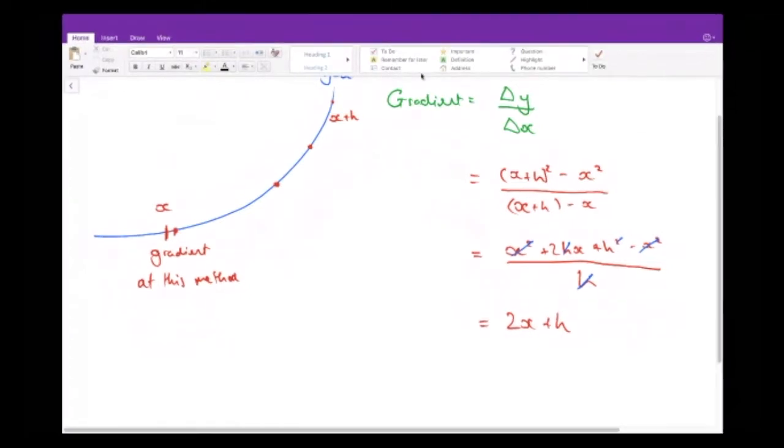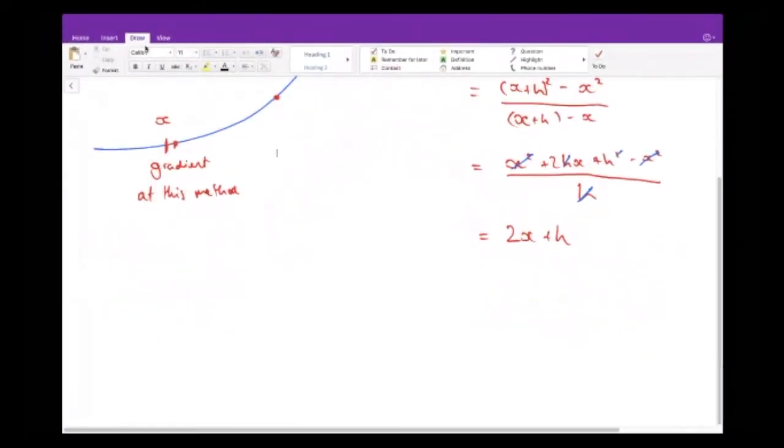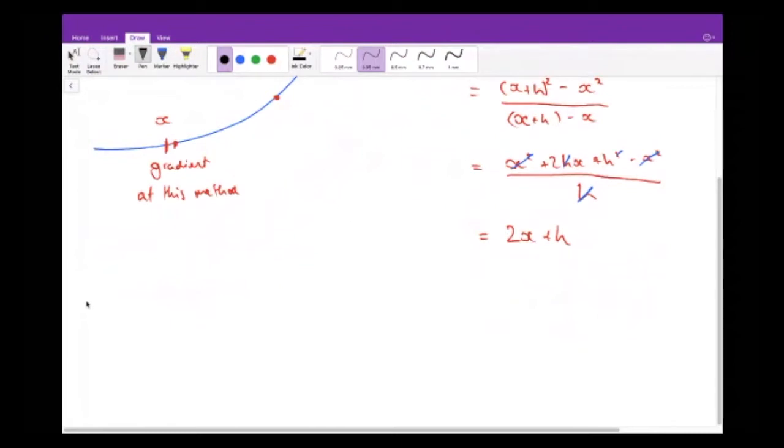So what we do is we define the first derivative, f dash x, as the limit as h tends to 0 of f of x plus h minus f of x all over h, which is, in other words, the change in y divided by the change in x.